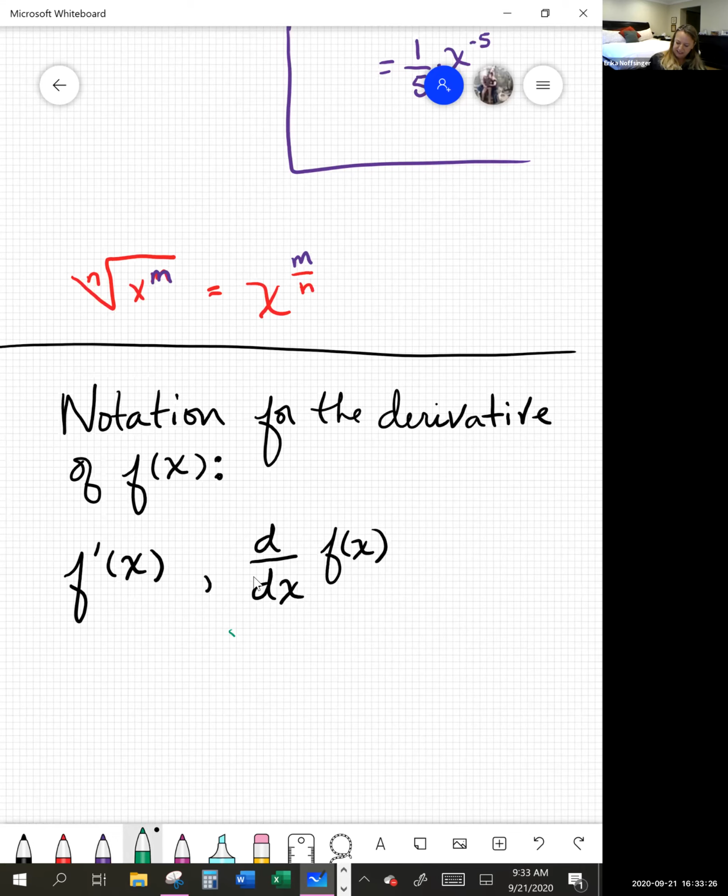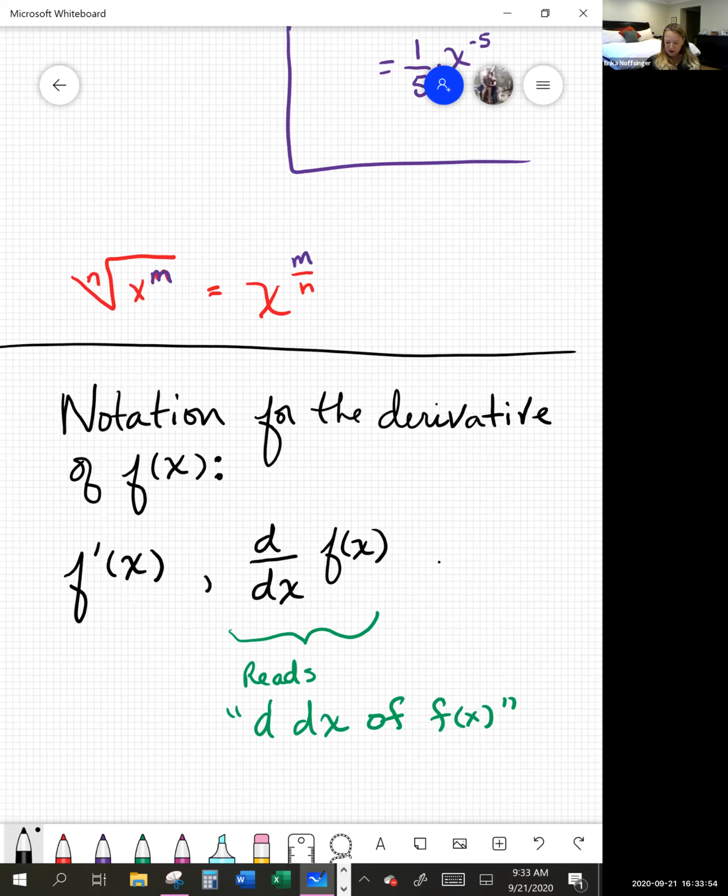So this reads d dx of f of x. Well, sometimes we don't write f of x, maybe we write y. So dy all over dx.